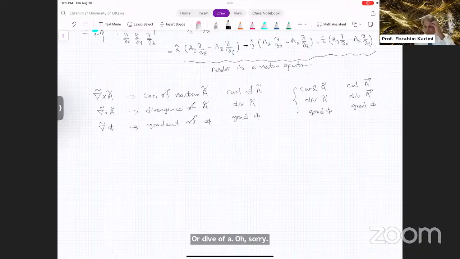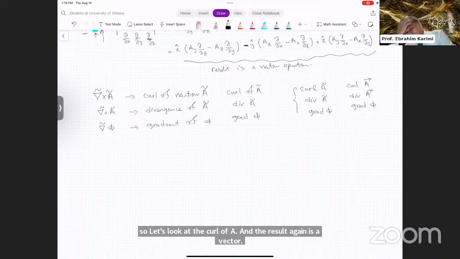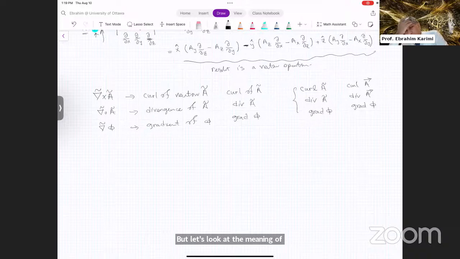Okay. So let's look at the curl of A, and the result again is a vector. But let's look at the meaning of this. Again, fluid dynamics is a wonderful example.